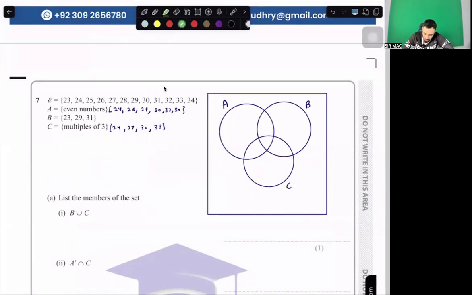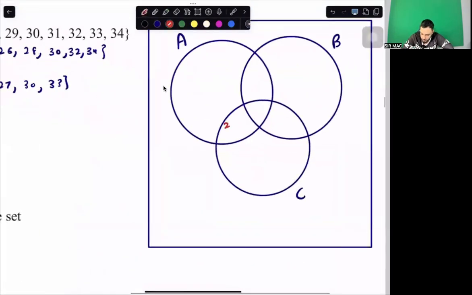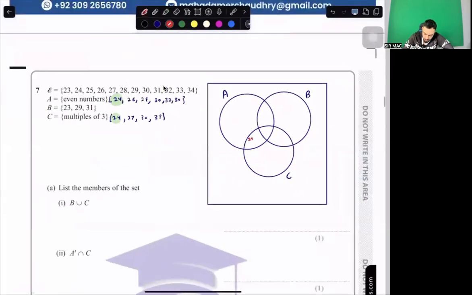There's nothing that comes in all three. 24 comes in A and C, so in A and C you can write 24. And 30 also comes in A and C, so 30 is also there. B and A, nothing is common. And B and C, nothing is common.